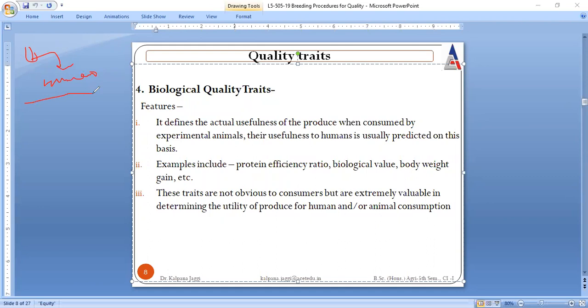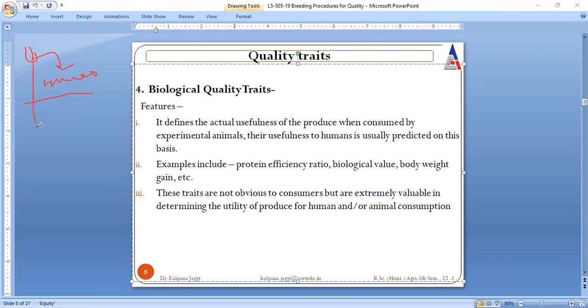Whatever breeding procedures are done for improving the quality of a particular species, we think those breeding approaches are successful, but even then that particular variety won't be made directly available for selling purposes in the market.